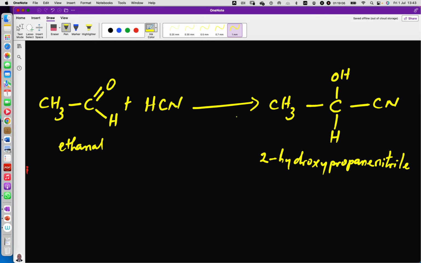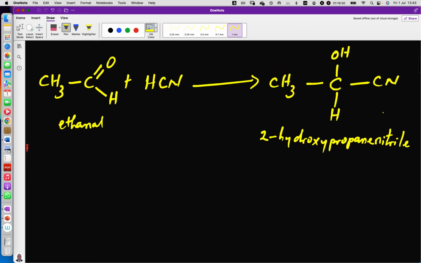They can ask you, why is this type of reaction very important? The importance of this type of reaction is that it leads to an increase in the number of carbon atoms, because initially it was ethanal, but now we are going to propane: 1, 2, 3. There are 3 carbon atoms. So it is 2-hydroxypropanenitrile.